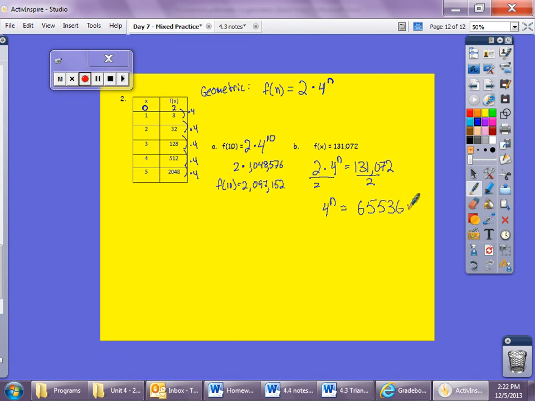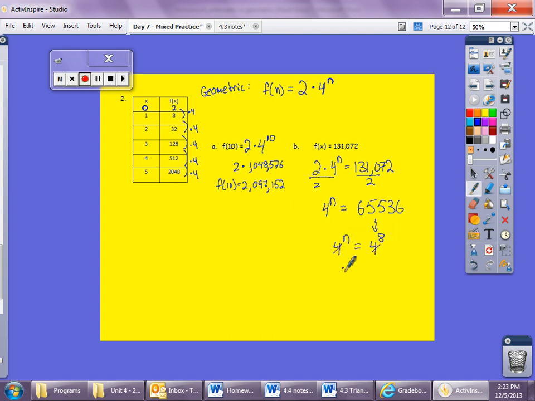So 4 to what power will give us 65,536? Well, if we divide it by 4 until we get down there, we will figure out that this will break down to 4 to the 8th power, so 4 to the n equals 4 to the 8th.